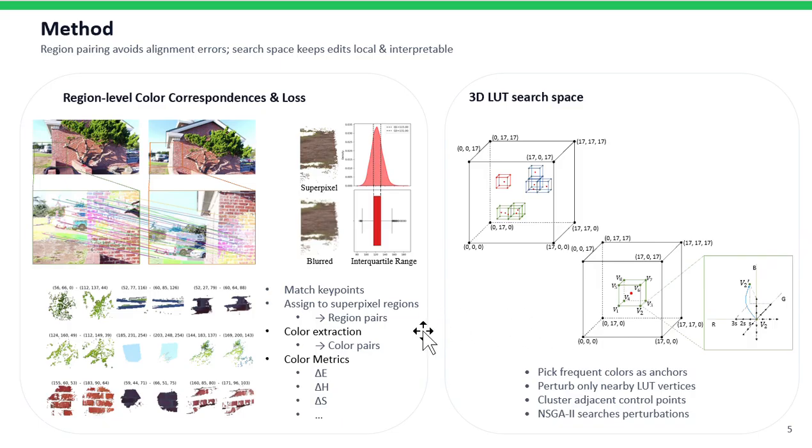So instead of learning a global LUT in one shot, we are doing controllable tuning guided by robust color correspondences.